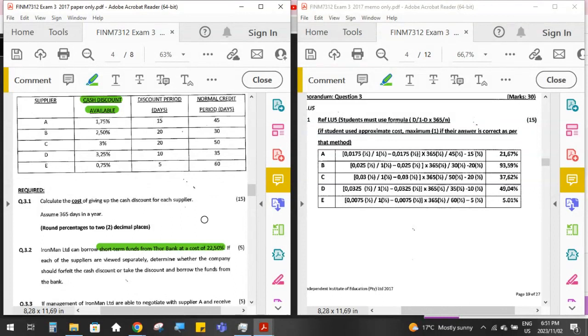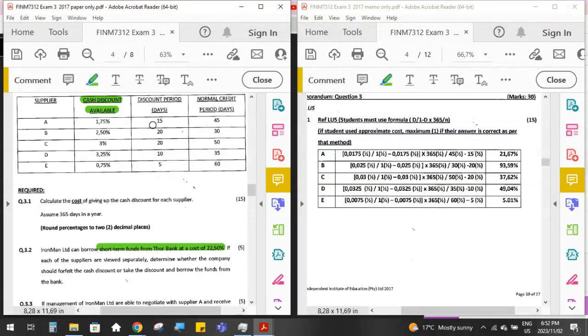So on page 148 and page 149 over to page 150, and also going through to page 151, that's where you've got all the discussion and calculations of how we work out the cost if we don't take the discount, and then compare that to the cost if we do take the discount.